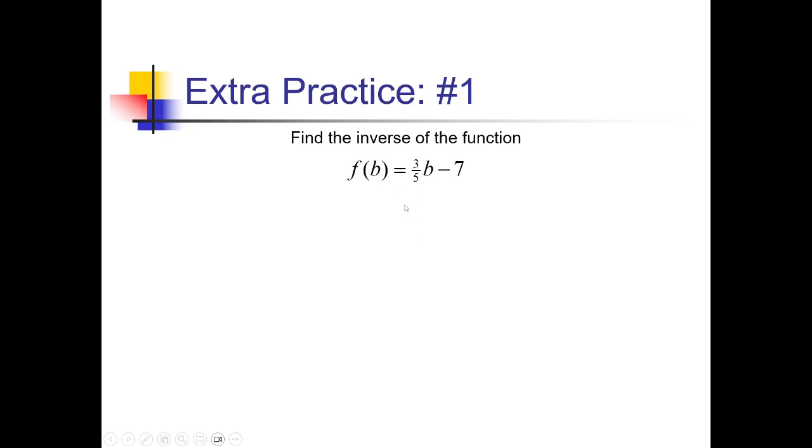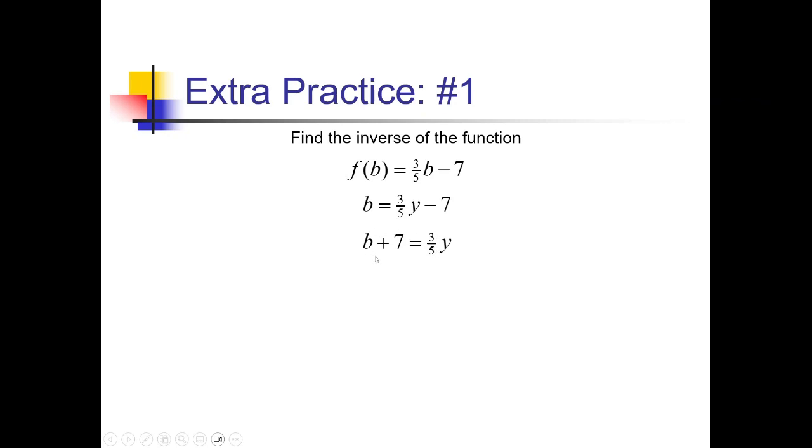This first function doesn't have any of those weird inverse-breaking sorts of functions, so I'll switch the input and output. So I'm going to rewrite this as b equals 3/5 y minus 7. And now I'm just going to get y by itself. So let me add 7 to the other side. That's b plus 7 over there. And in order to get y by itself here, I'm going to multiply by the reciprocal of 3/5, which is 5/3.